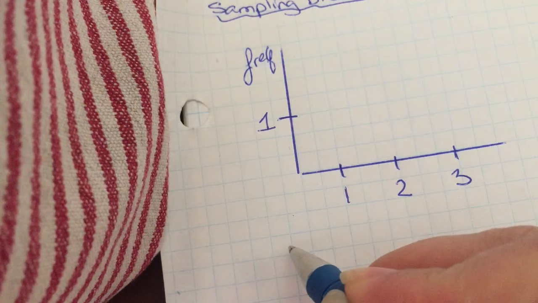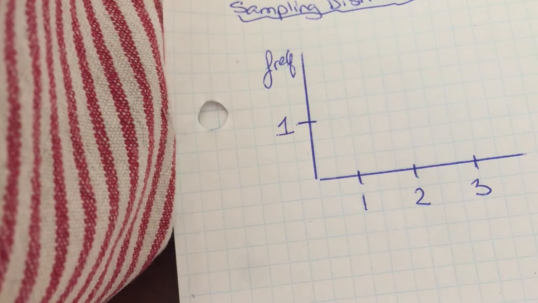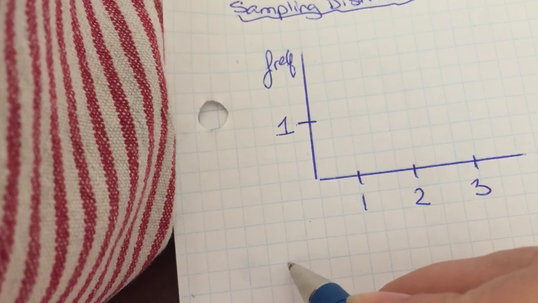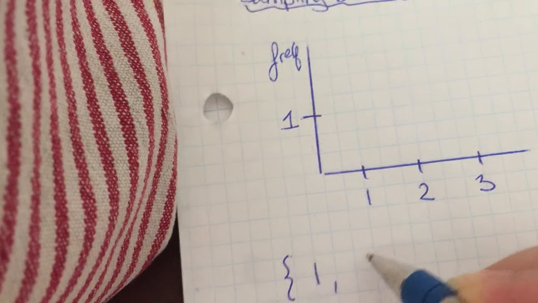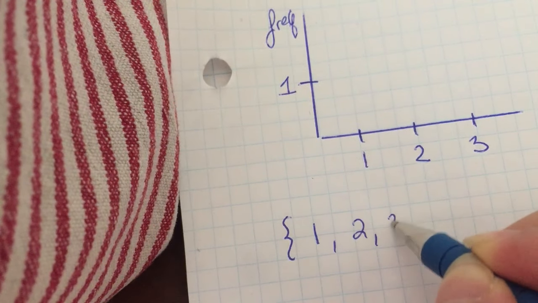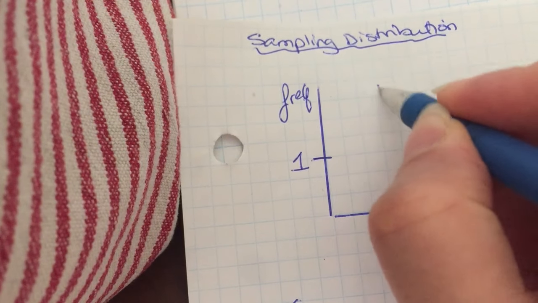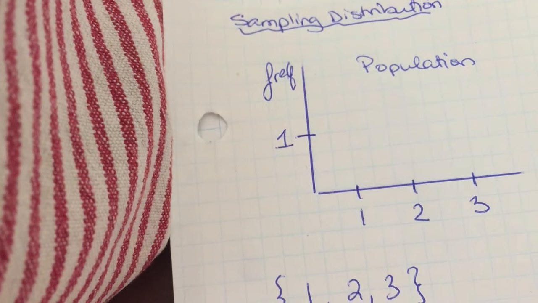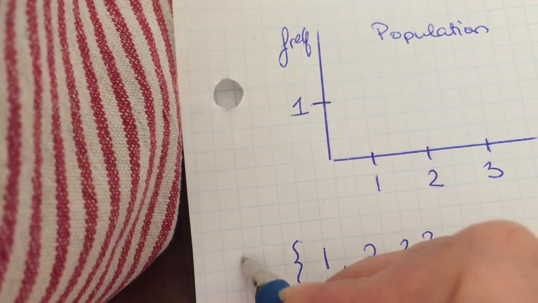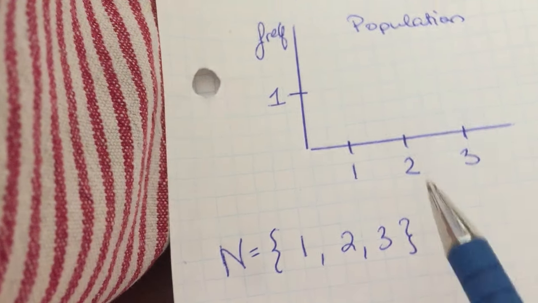So basically what that would look like is, okay, so this is my population, and this is my population set.